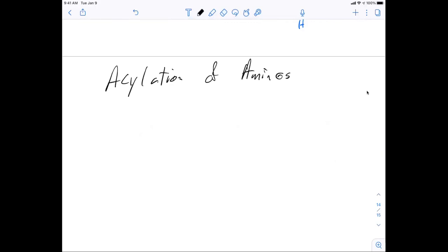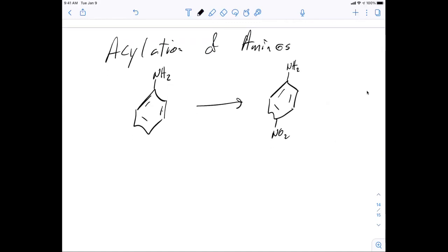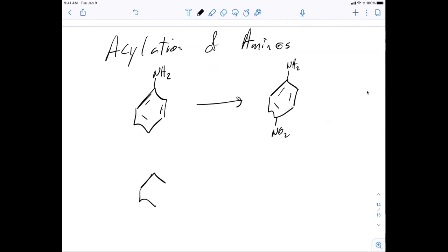Okay, acylation of amines. We saw back in previous, if I want to do this reaction, that if I tried to do it with the normal reagent, right?